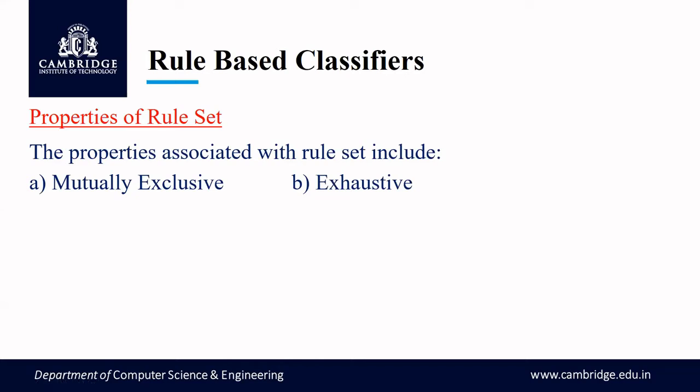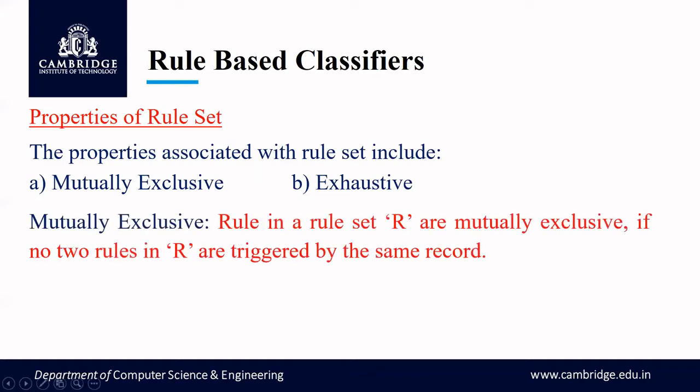So what is mutually exclusive, and what is exhaustive with respect to rule-based classifiers? First we'll see what is mutually exclusive. The rules in a rule set are mutually exclusive if no two rules in R are triggered by the same record.